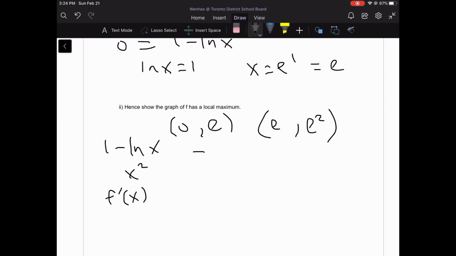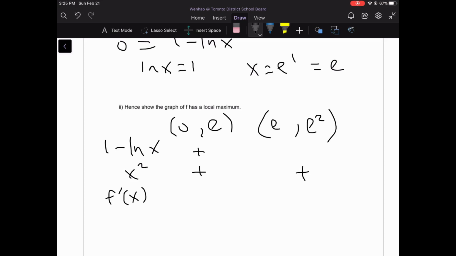So from 0 to e, ln x is less than 1, and 1 minus something that's less than 1 is positive. X squared is positive for all values. And from e to e squared, ln x is greater than 1.